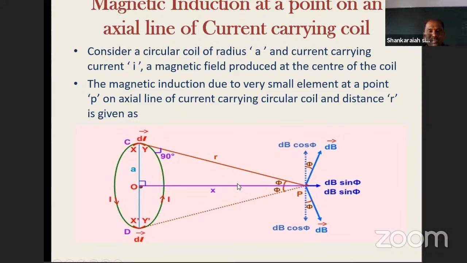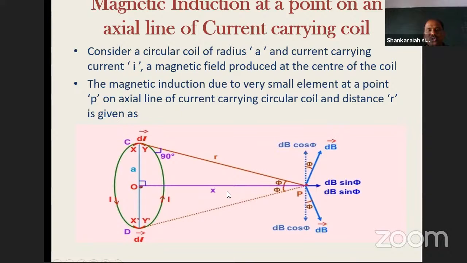Now determine the r value. This is a right angle triangle. According to the Pythagoras theorem, hypotenuse square, r square, is equal to base square, x square, plus height square, a square.